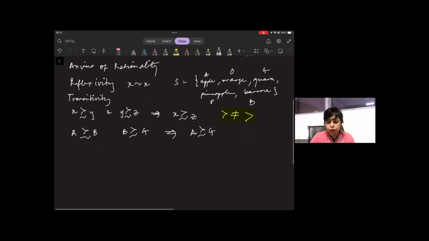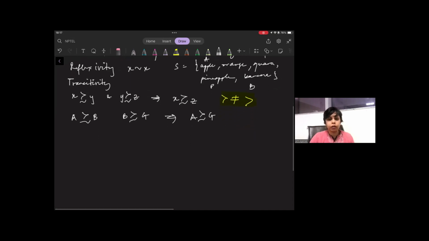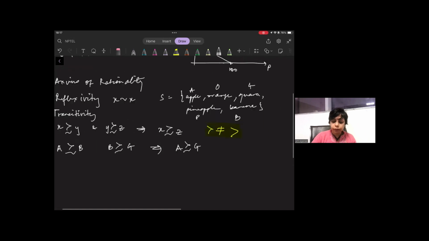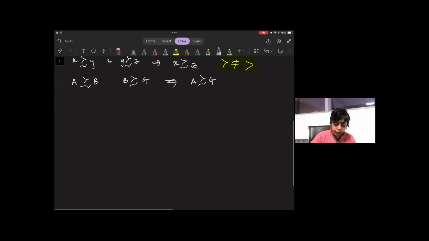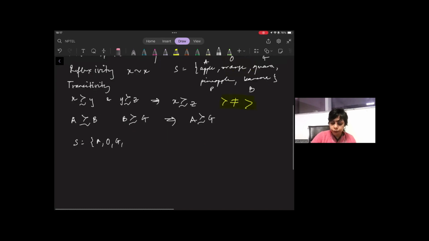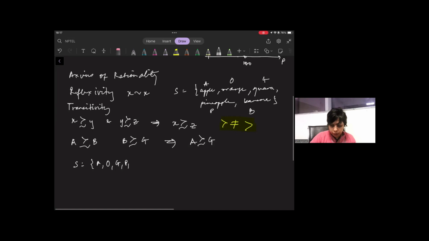Now, in terms of our consumer choices, when you're talking about relation, mapping and ranking, we're talking about consumers ranking and consumer preference over this whole consumption set. So let's rewrite this set. It's A, O, G, P, and say B, just writing it in short.